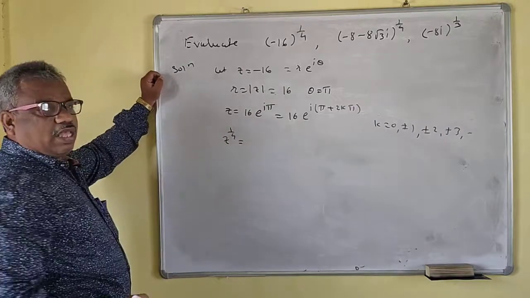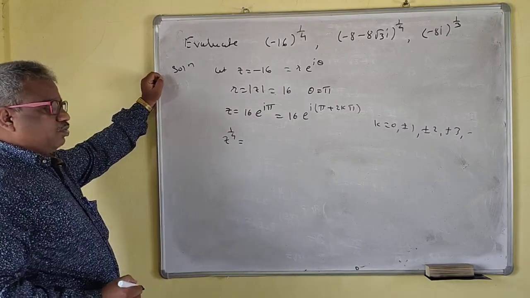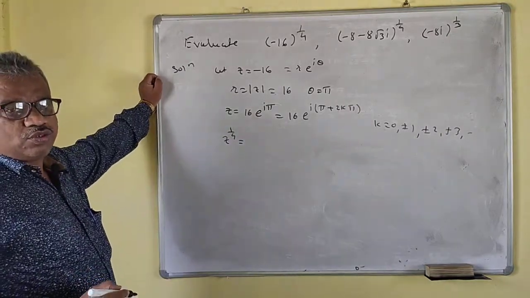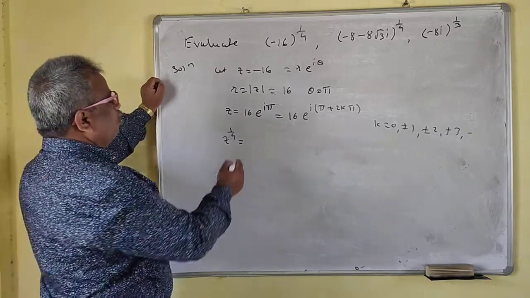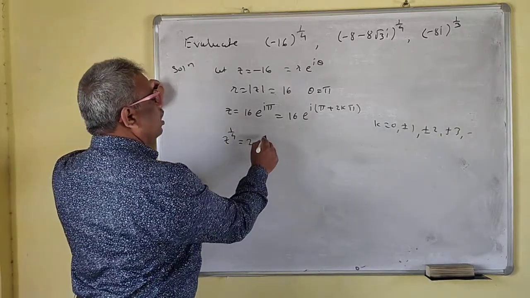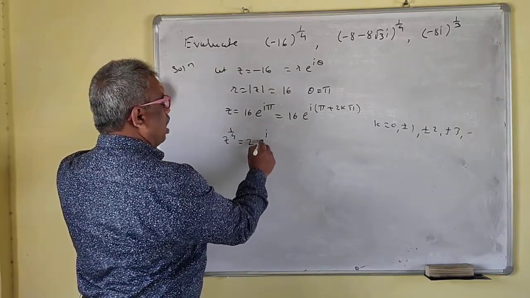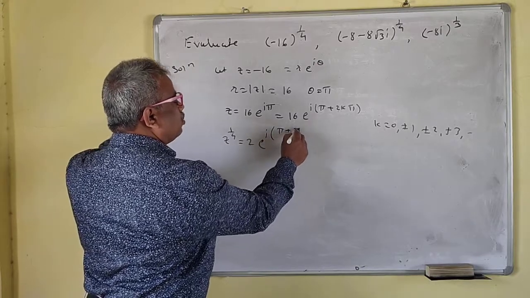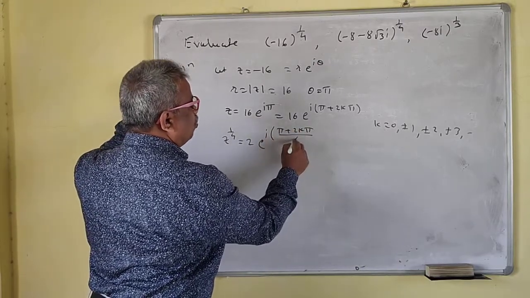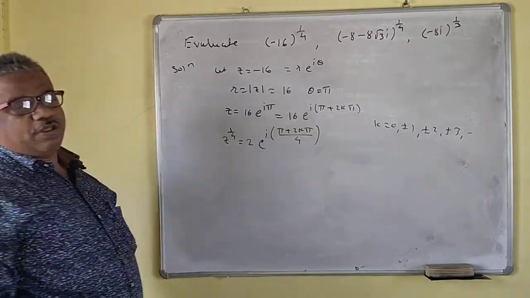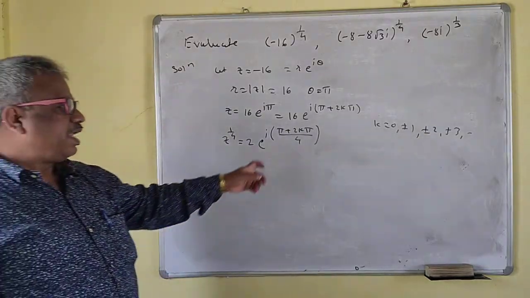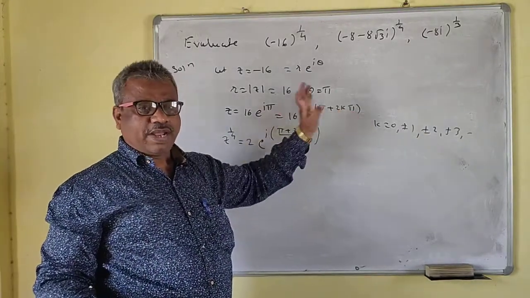The fourth root of 16 is 2, since 2 raised to 4 is 16. So we get 2 e raised to i into pi plus twice k pi upon 4, or you may write this as pi by 4 plus k pi by 2.